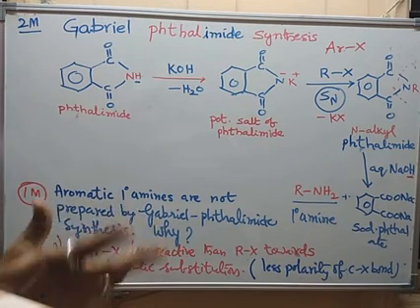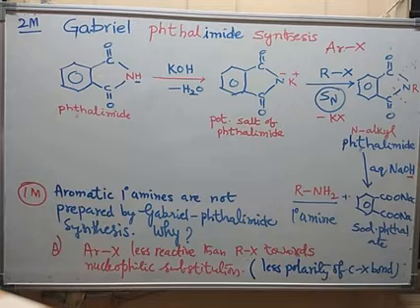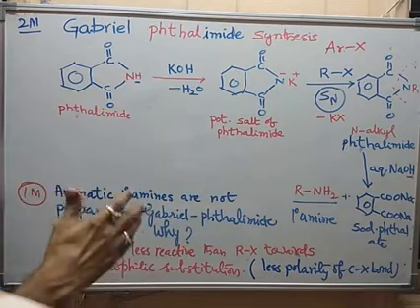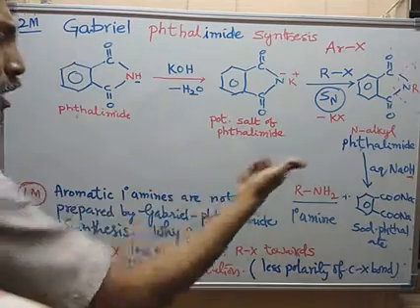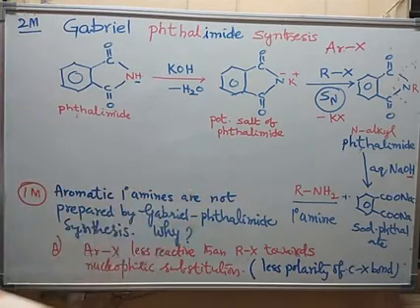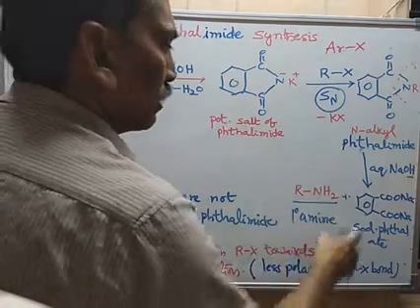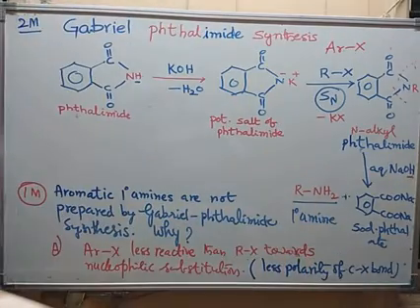Right. Which type of compound is produced in Gabriel phthalimide synthesis? Some options are given like primary amine, secondary amine, tertiary amine, aromatic primary amine, aliphatic primary amine. Among these options, your answer is aliphatic primary amine, you have to choose that.